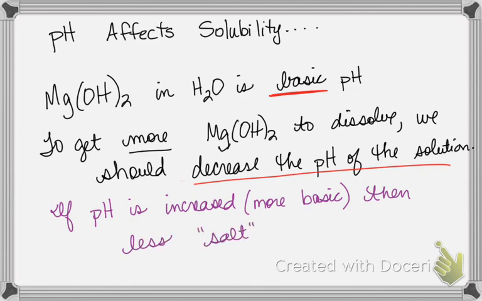And the salt here is the Mg(OH)2. So how pH affects the solubility is you identify the pH of the salt, and if the pH goes more towards what the salt already is, then it's going to be less soluble. If the pH moves away from what the salt is, then it's going to be more soluble.